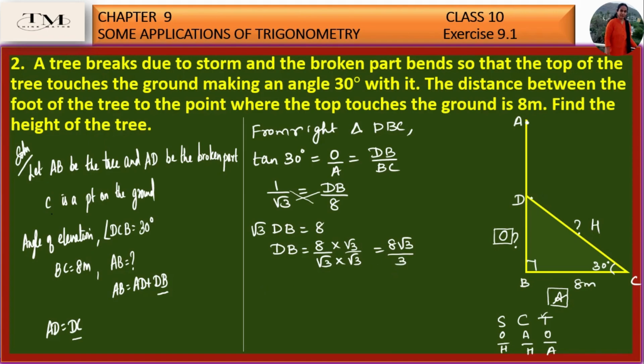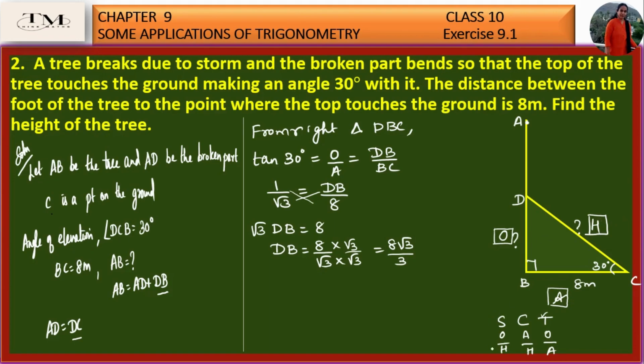Now we have to find out DC. So we know DB, so we can find out DC. DC is the hypotenuse. Now the relation we have to use is adjacent by hypotenuse or opposite by hypotenuse. Anything we can use. Which one can we use? Shall we use opposite by hypotenuse?